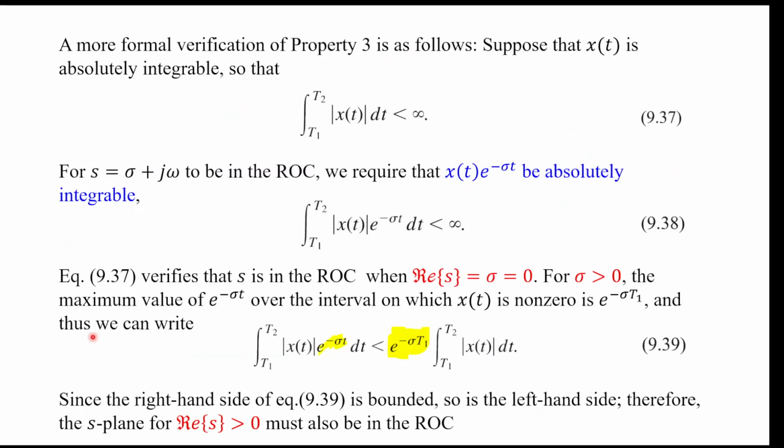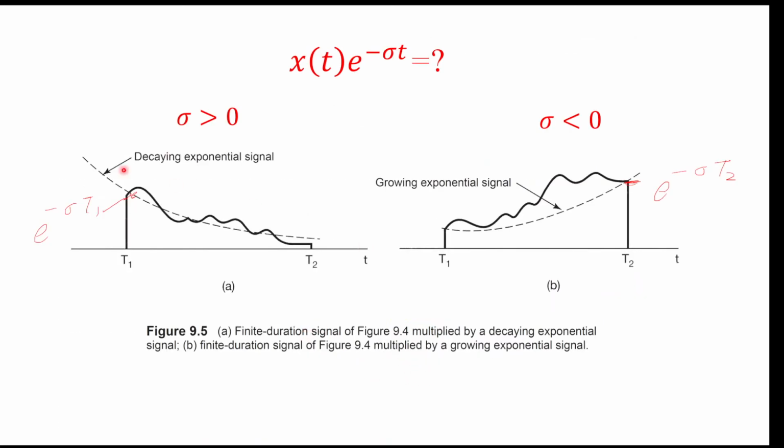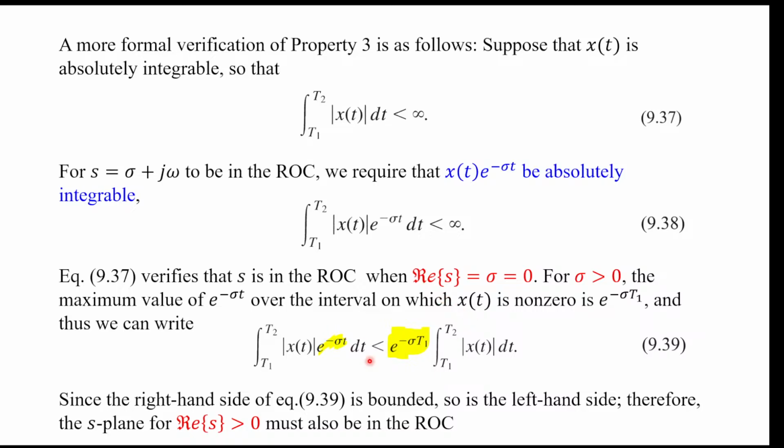For sigma positive, we see that the e to the minus sigma t part is at most e to the minus sigma t1, because this picture shows the exponentially decaying function is at most e to the minus sigma t1. Because of that, this integration is at most e to the minus sigma t1 times the original integration, so it is a finite value.